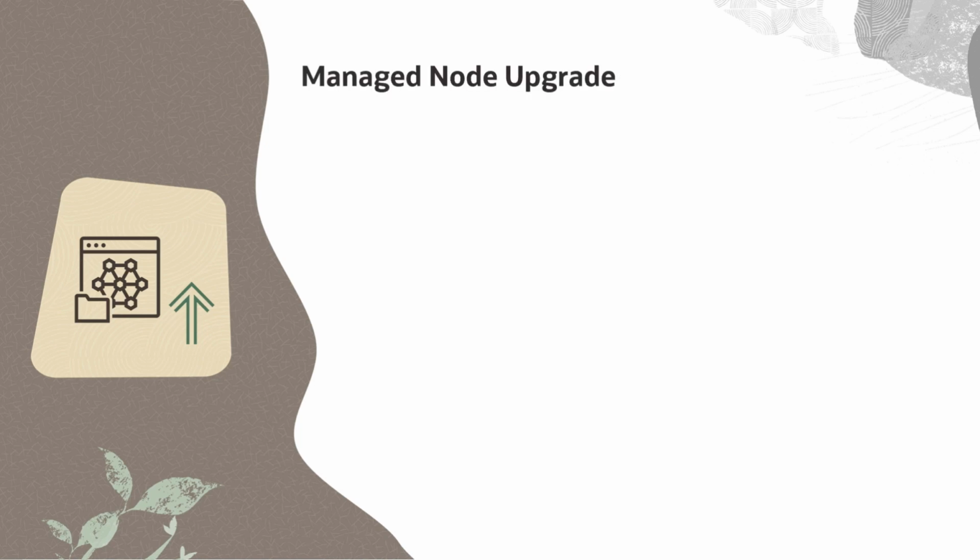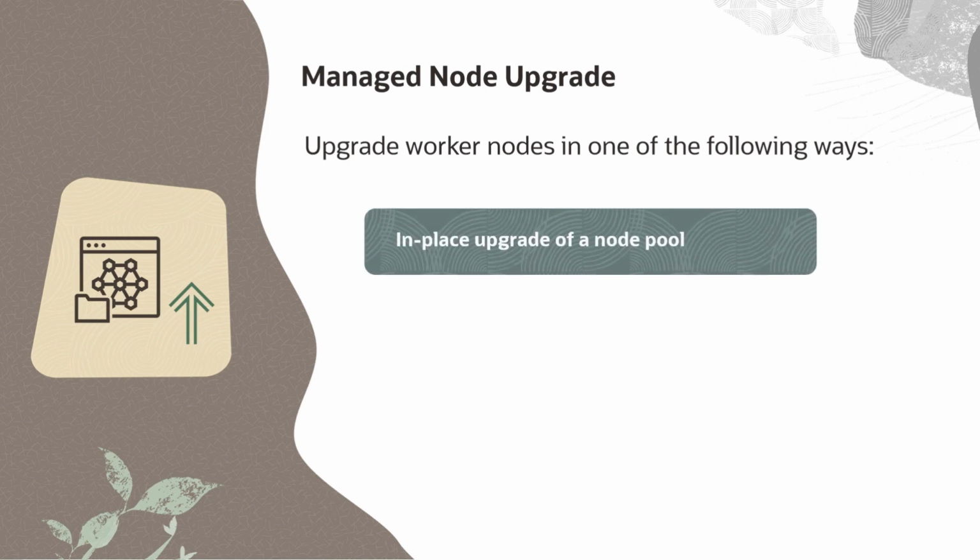When it comes to upgrading managed nodes, there are various approaches. You can choose an in-place upgrade of a node pool where specifying a newer Kubernetes version initiates an automatic cycle, seamlessly replacing each worker node.